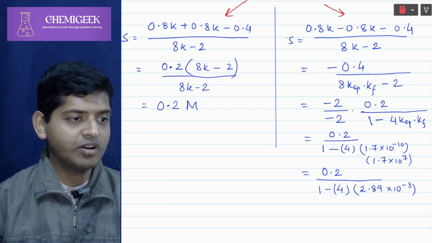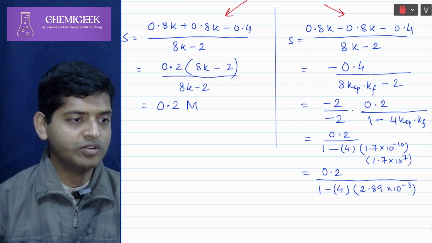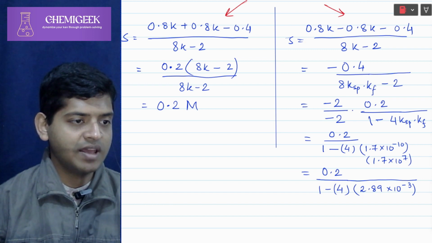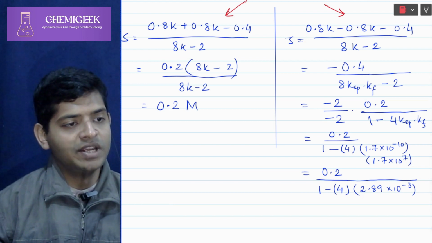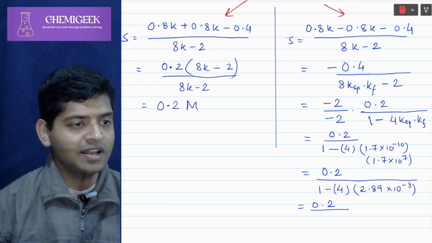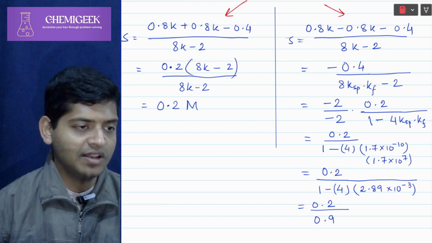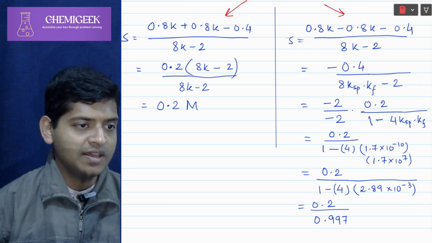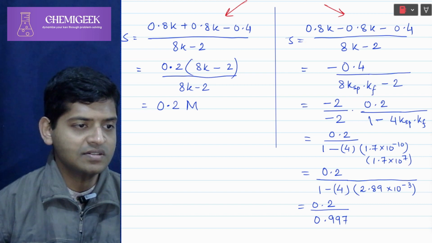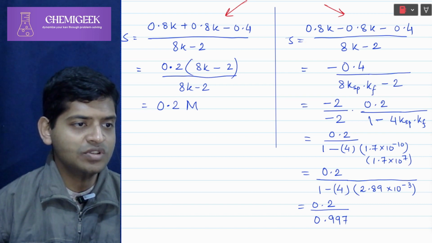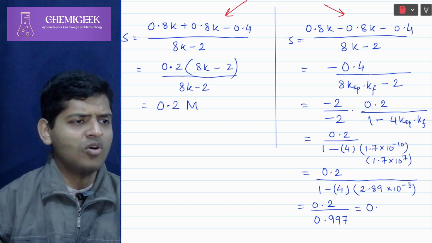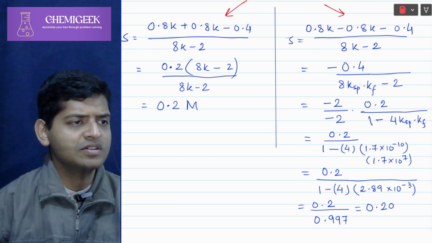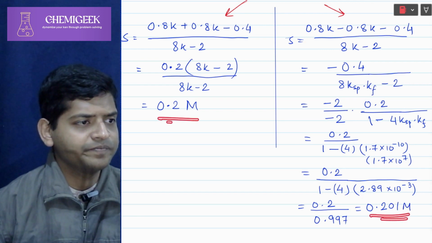This is turning out to be around 0.2 divided by 0.997. If we simplify this and calculate it, we get this value. This is equal to 0.201 molar, which is also close to 0.2 molar.